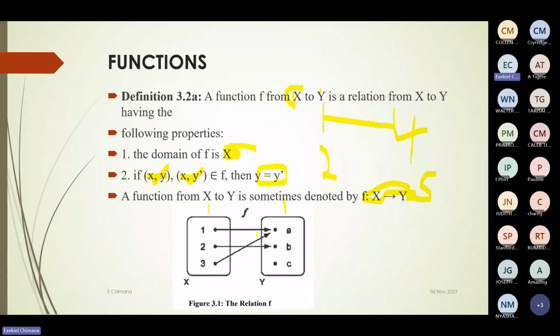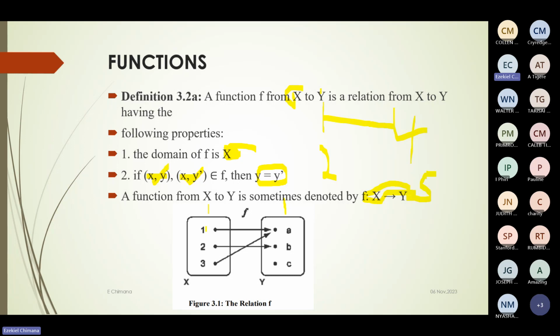We've got this one mapped to a, and there's no other way this one is mapped to any of these values. 2 is mapped to b. There is no 2a or 2c. So this one is still a function. 3 is mapped to a. So we can have 2 values being mapped to one value. It's still okay.